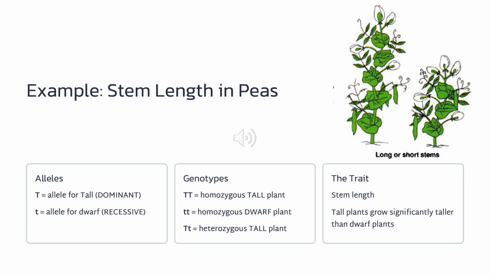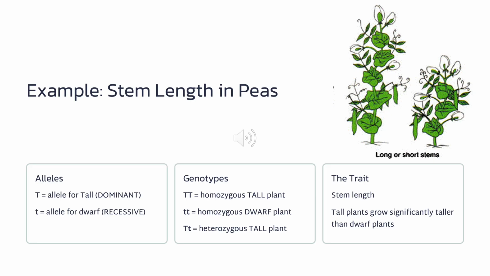Here I put the example of stem length in peas, long and short stems in peas. I put capital letter T as the dominant allele, which encodes for tall, and small letter t for dwarf, which represents the recessive allele.